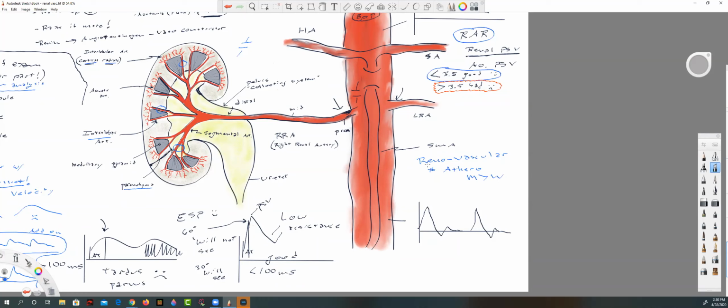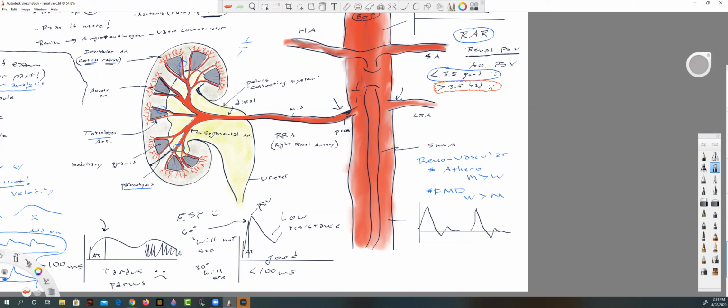More men have athero of the renal vascular system than women. And then the number two is fibromuscular dysplasia, FMD. That is women greater than men. Most of the people who get fibromuscular dysplasia are women.